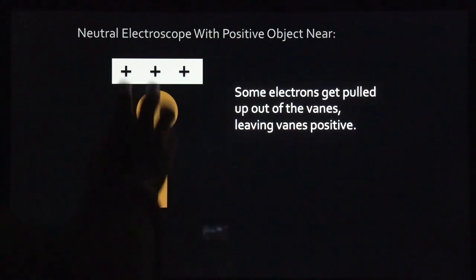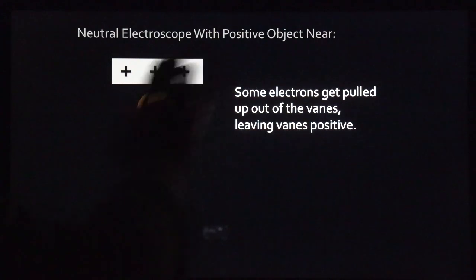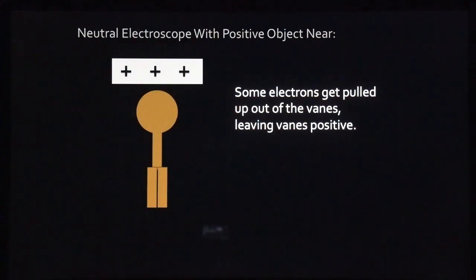Because this is metal, some of the electrons get pulled and attracted to this positive bar up here. So they get pulled up out of the vanes, leaving the vanes positive. Ready for another little animation? Here we go. Watch this. See those electrons? They left 4 protons unpartnered. Let's watch it again.